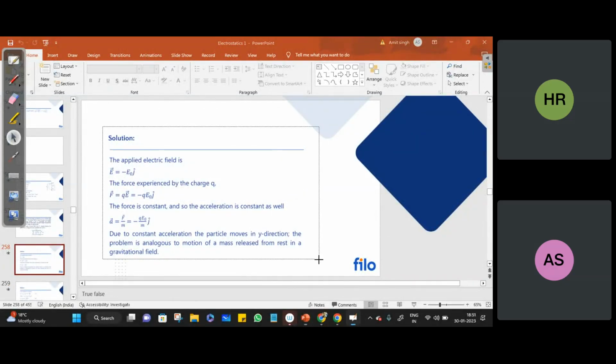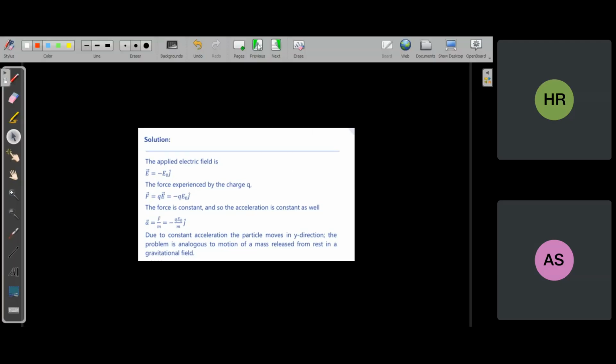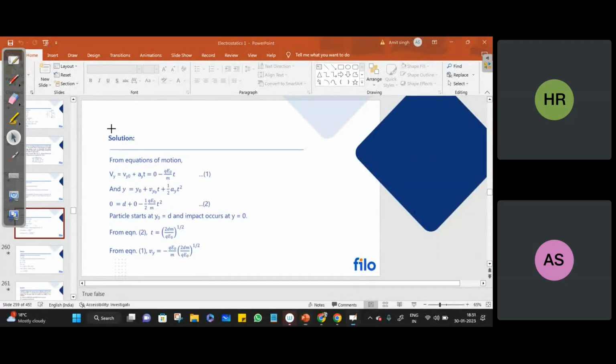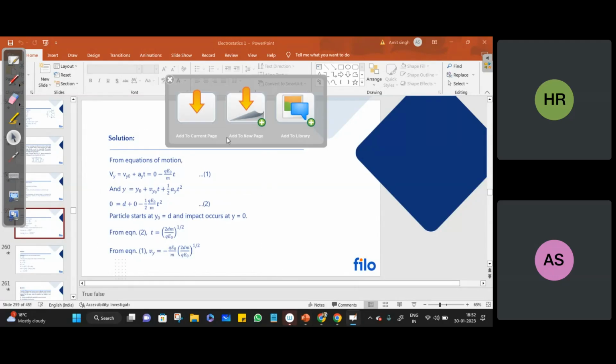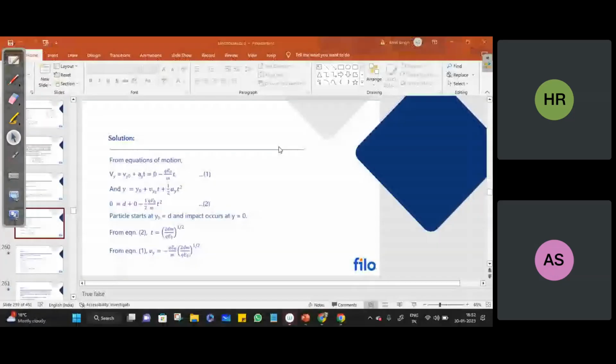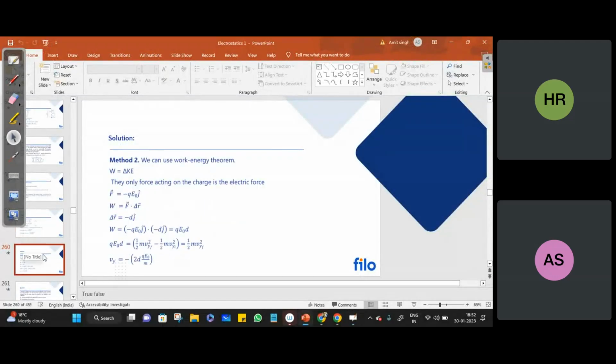You'll use equations of motion. In addition to gravitational force, you will consider the electrostatic force also. Because the acceleration is constant, this is simply motion in a straight line. You can also use the work energy theorem, right? Think, can we use the work energy theorem?